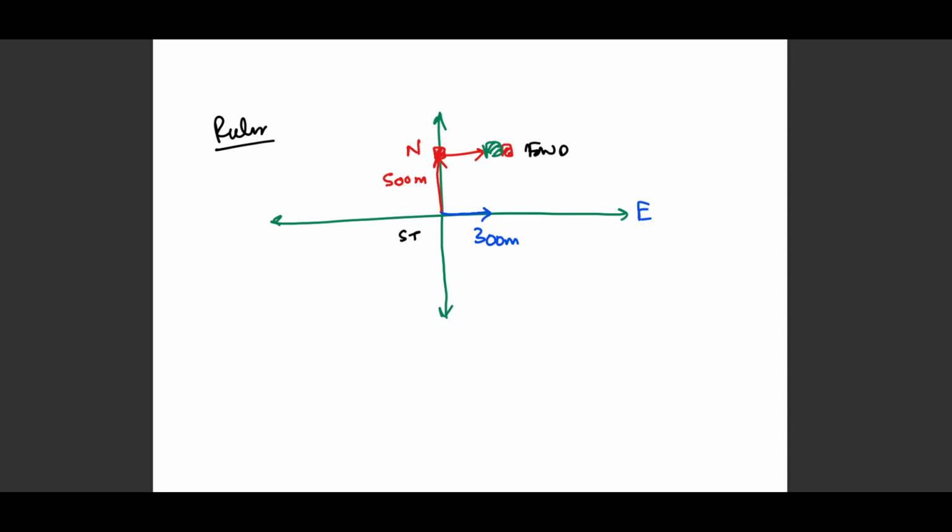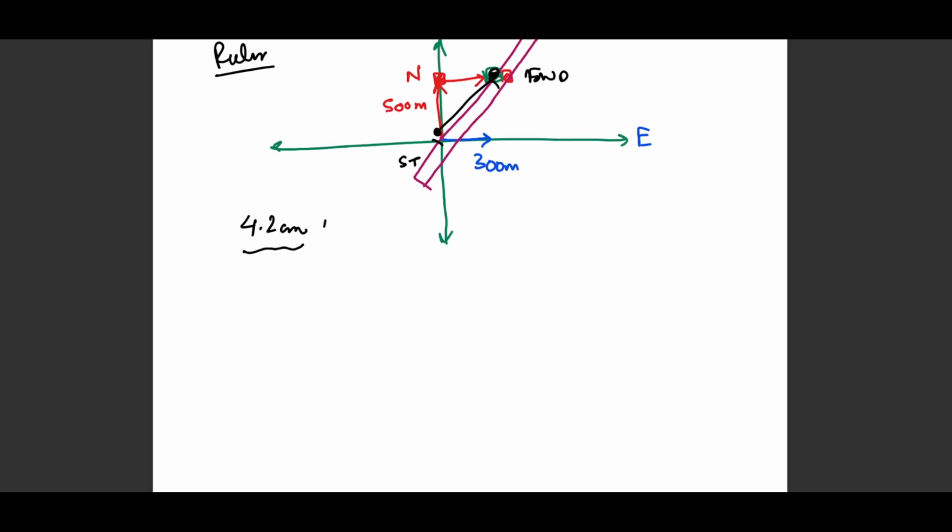Okay. Now, just simply place your ruler like this. This is your ruler. Draw a straight line from your starting point to your ending point, and then measure it. For the sake of example, I say that this measurement comes out as, let's say, 4.2 centimeters. This is what you have measured on your notebook.